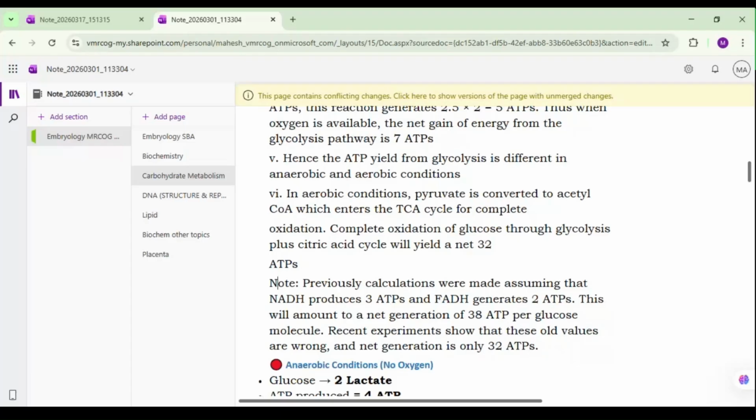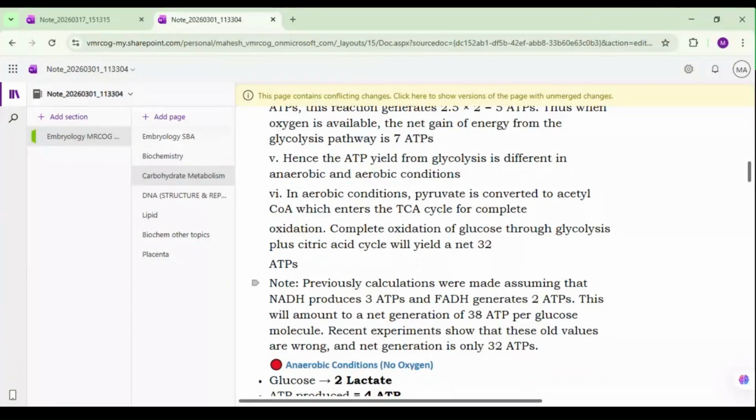Previously, calculations were made assuming that NADH gives 3 ATPs and FADH gives 2 ATPs. This will amount to a net generation of 38 ATPs per glucose molecule, but recent experiments show that these old values are wrong and the net generation is only 32 ATPs.